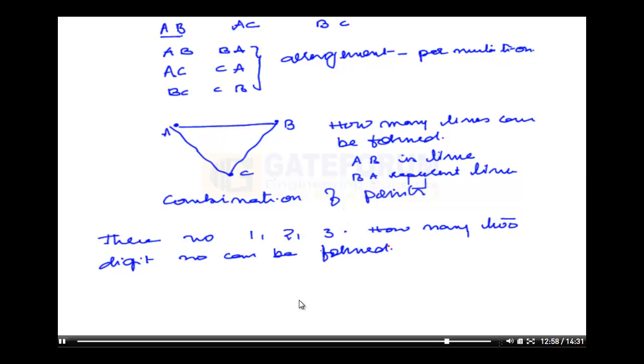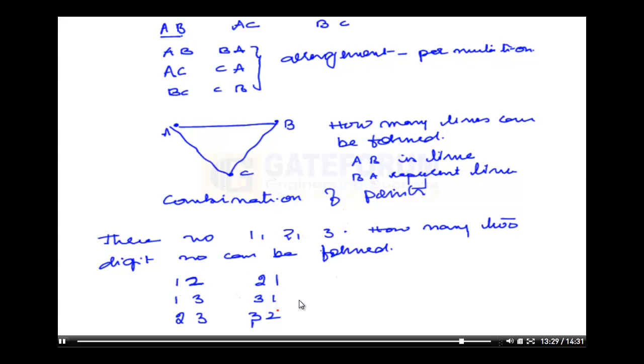That is the question. When I say 2-digit numbers can be formed, it means we shall do practically 1 2, 1 3, 2 3. But 1 2 can also be written as 2 1. Now when you change here, it does not represent the same number, it represents 2 different numbers, 3 1, 3 2 similarly.